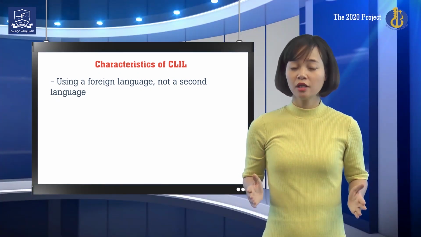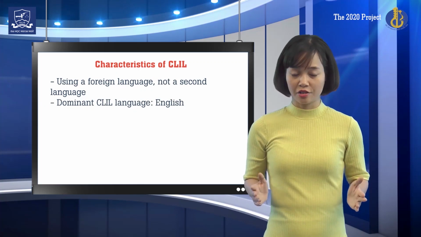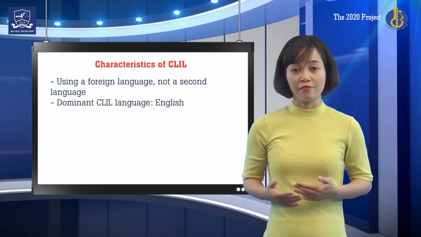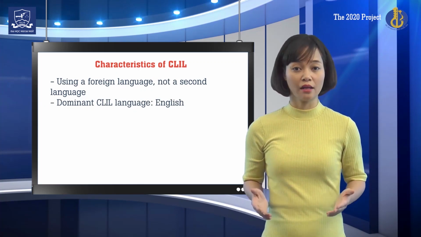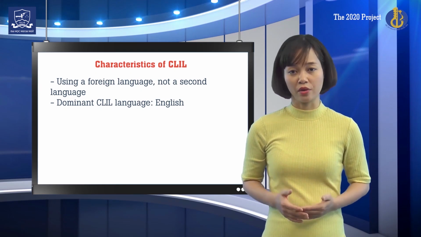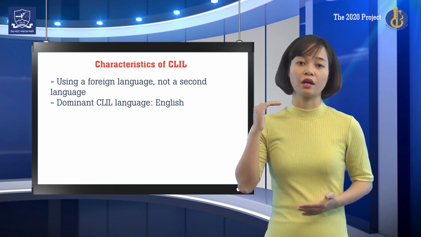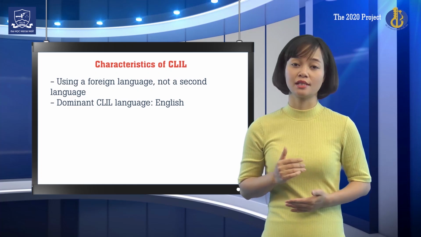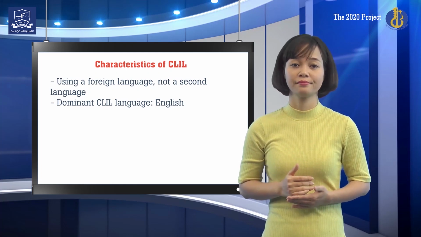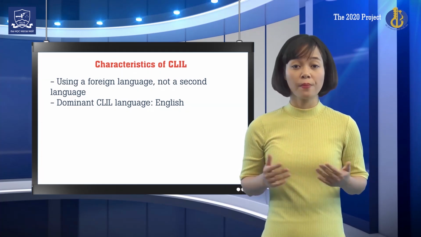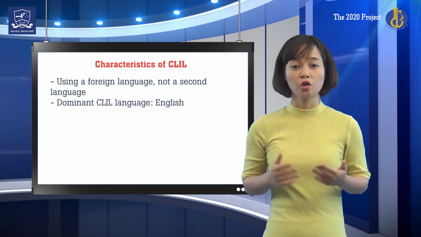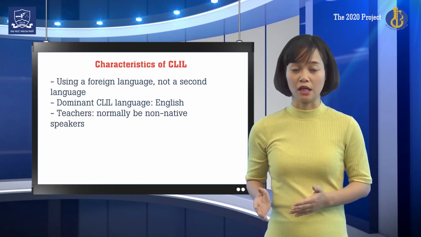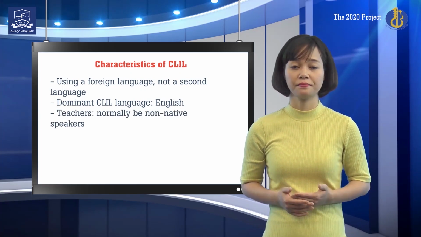Secondly, the dominant CLIL language is English. This reflects the fact that a command of English as an additional language is increasingly regarded as the key literacy feature worldwide. CLIL also implies that teachers will normally be non-native speakers of the target language.